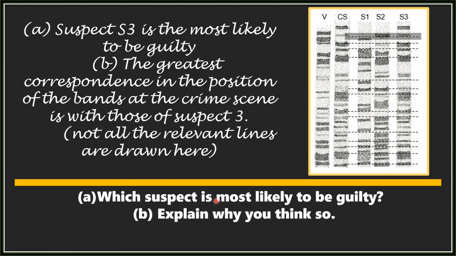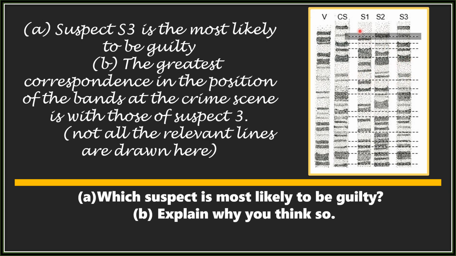Part A, which suspect is most likely to be guilty? Suspect 3. If you look at the crime scene sample and you look at suspect 3 and you cross the bands, you can see that the bands correspond with those of suspect 3.